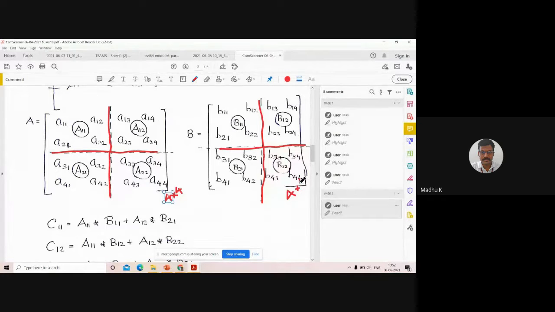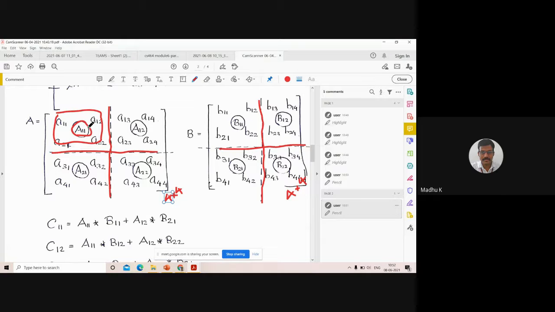Then what we will do? We will perform the multiplication of these matrices. You can note here, this is considered as A11. By using the matrix multiplication approach, we will find the value of A11.